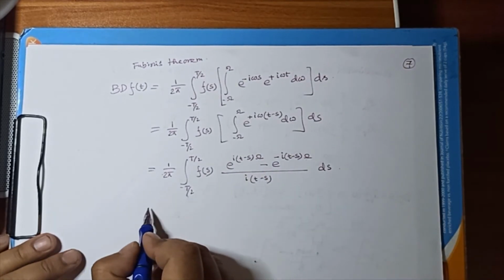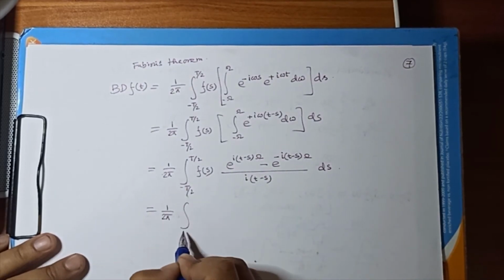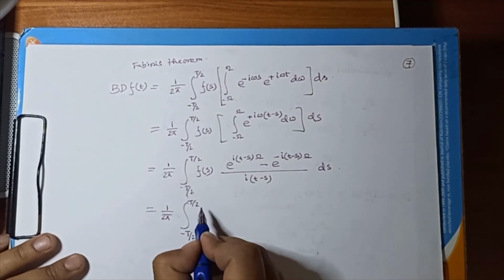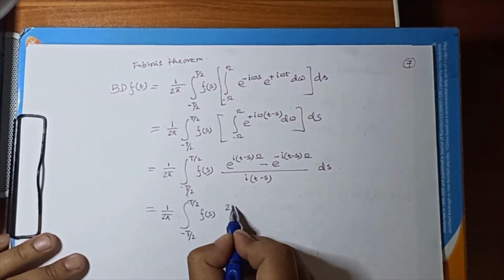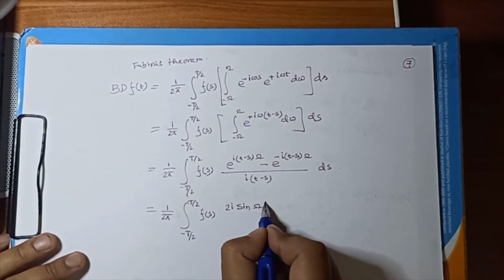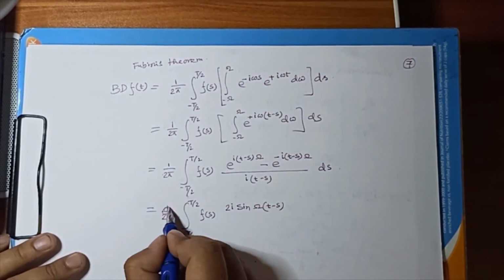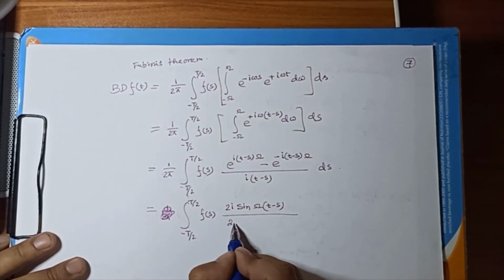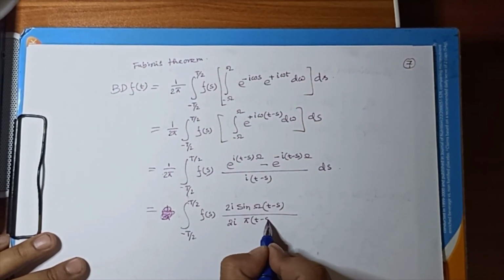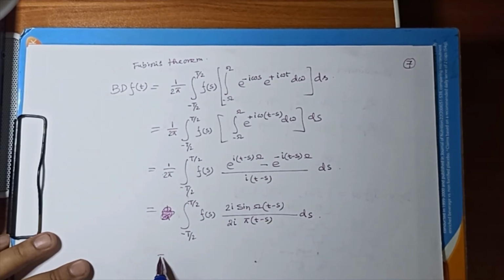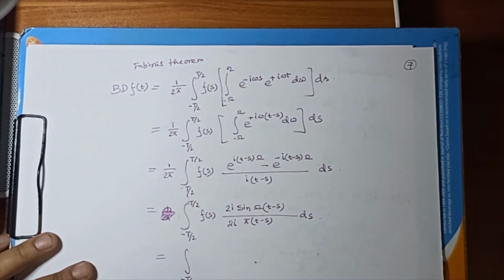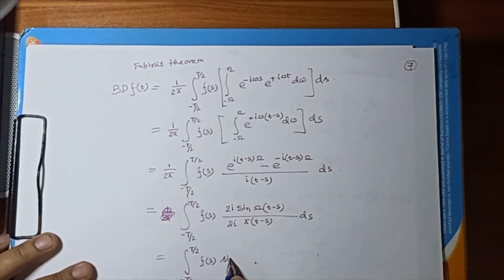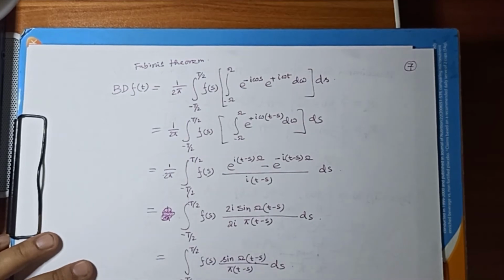So what is this? 2i sine omega into t minus s. I can take this 1 by 2 pi inside, 2i into pi t minus s ds. So I get the sinc cardinal: fs sine omega t minus s by pi t minus s ds. This is the operation.